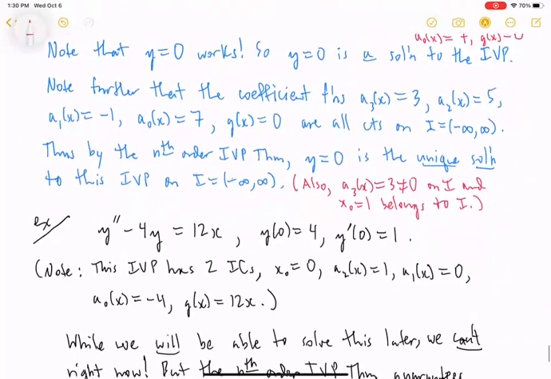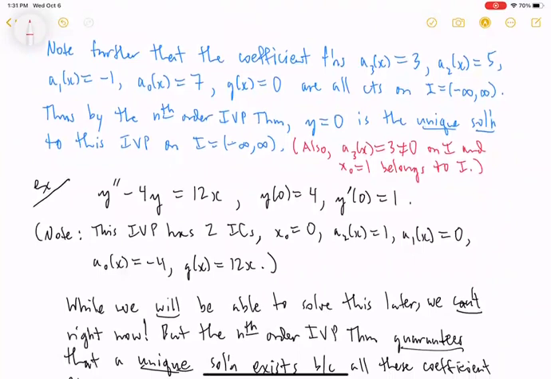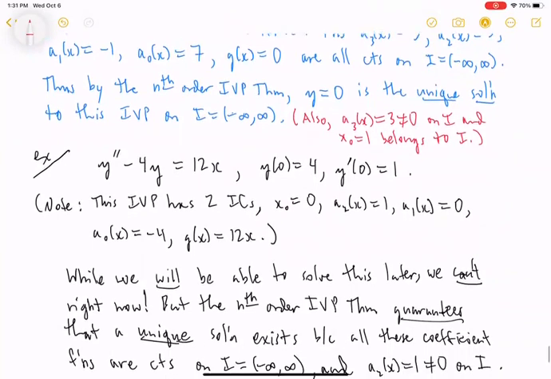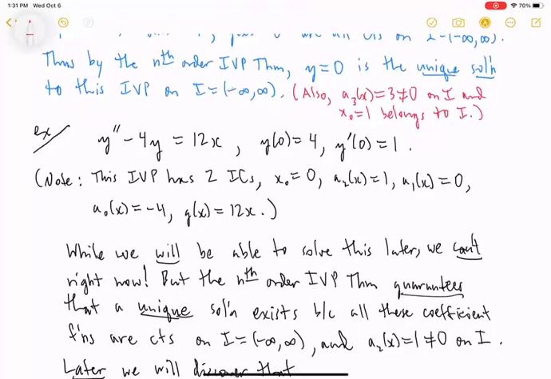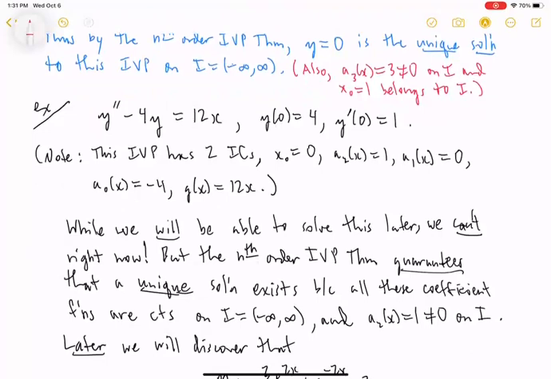While we will be able to solve this later, we can't right now. Unfortunately, we don't really have the tools to handle that right now. But as we've already noted, the nth order IVP theorem guarantees a unique solution exists because all these coefficient functions are continuous everywhere. And a2 of x equals 1 is not 0 on that interval.